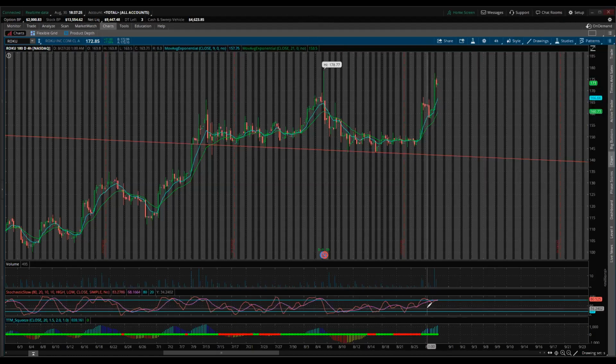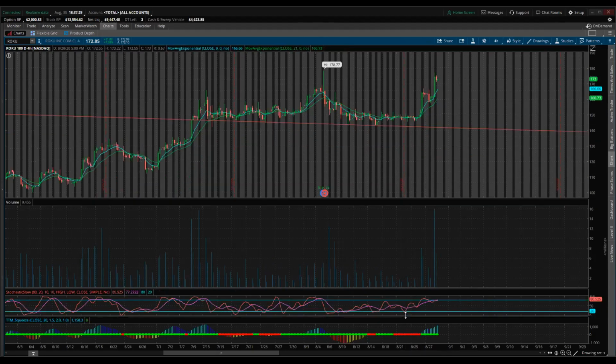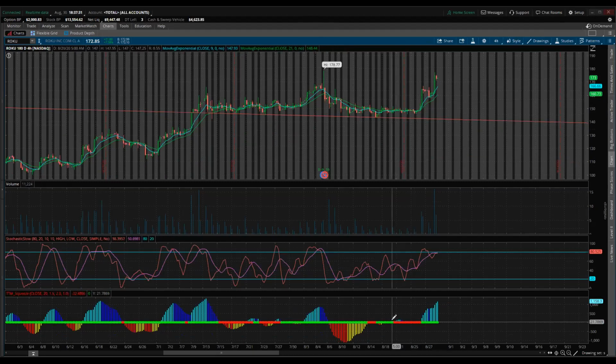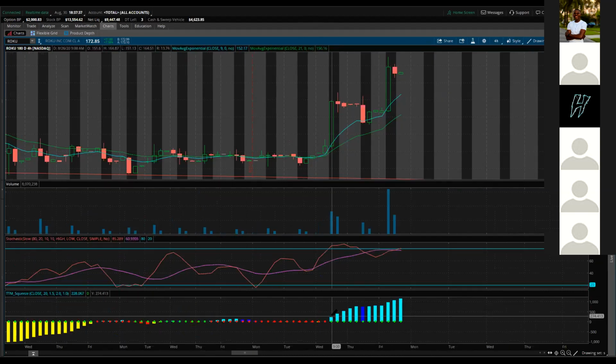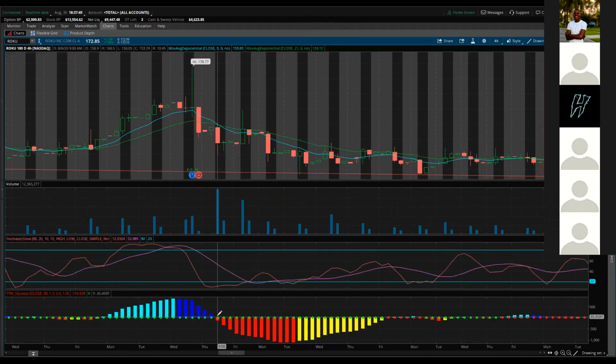So TTM squeeze is on the bottom, right? It's blue, yellow, and red. So each part is different. These blue bars mean that the stock is going into bullish momentum, and the light blue is less bullish, while the red is more bearish, and the yellow is less bearish.